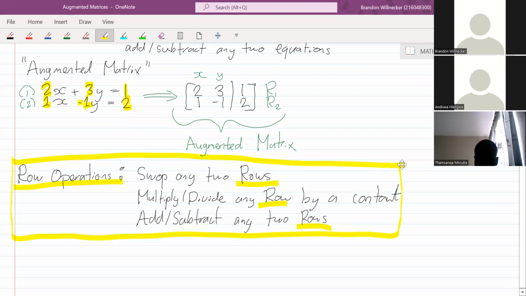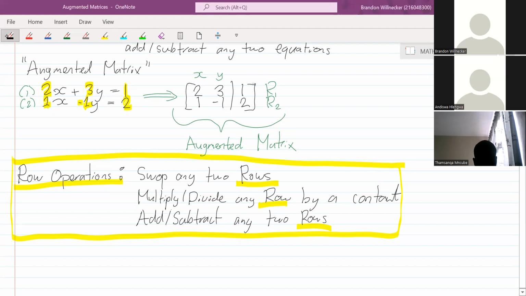Okay, and we're going to do exactly the same thing as before. Remember last time we had equations 1 and 2. The first equation we wanted to manipulate so that it was x equals something. And the second equation we wanted to manipulate so that it was y equals something. We're going to do the same thing here.